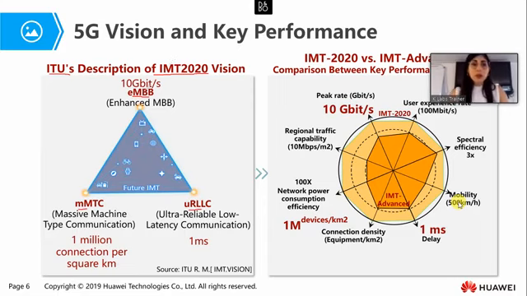In particular, enhanced mobile broadband includes all the applications that require very high bandwidth and very high throughput, a throughput that can reach 10 or even 20 gigabits per second. Here we will find applications such as virtual reality, augmented reality, or, for example, video streaming in very high definition.